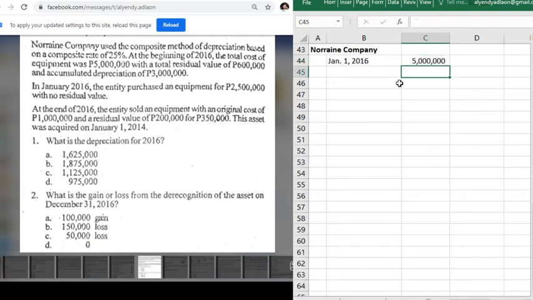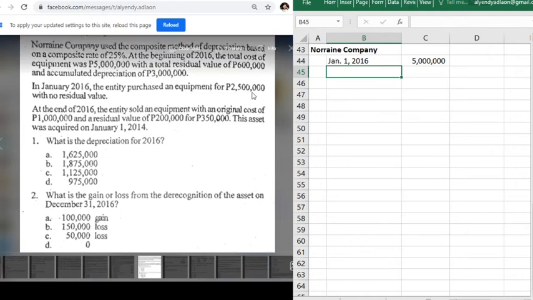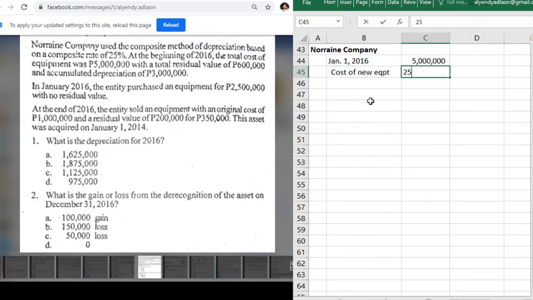We still have to consider any purchases or dispositions during the year, because in January 1, 2016, the entity purchased an equipment for 2,500,000 with no residual value. So how much is our cost of new equipment? That is 2,500,000.